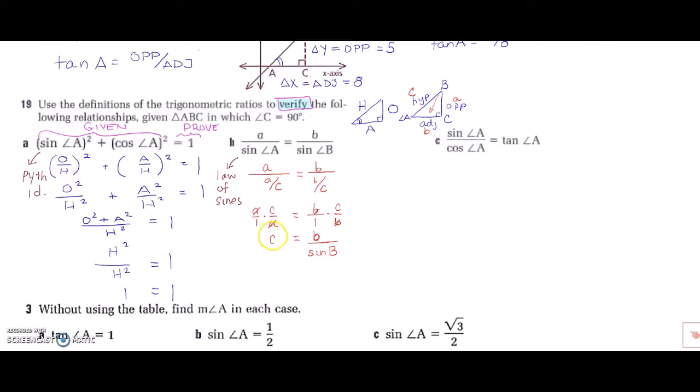And then as long as I multiply something by 1, I haven't actually done anything inappropriate or wrong mathematically. So what I'm going to do here on the left side is multiply by B over B. Do you see how I'm kind of working backwards here?